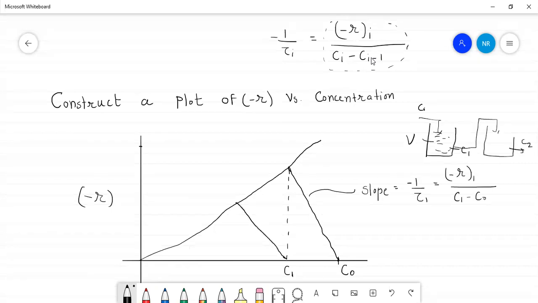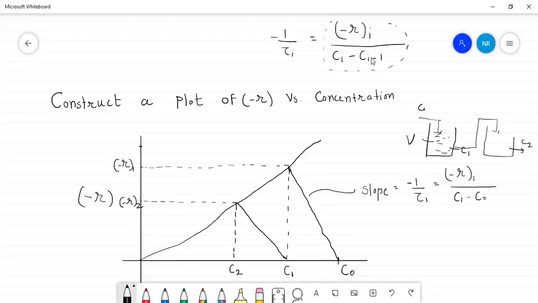Here it's the value of minus r1, here it's my value of r2, second reactor, first reactor, because in a CSTR we have only one r1. Then we mark this point, and whatever concentration we get is the concentration after the reactor.